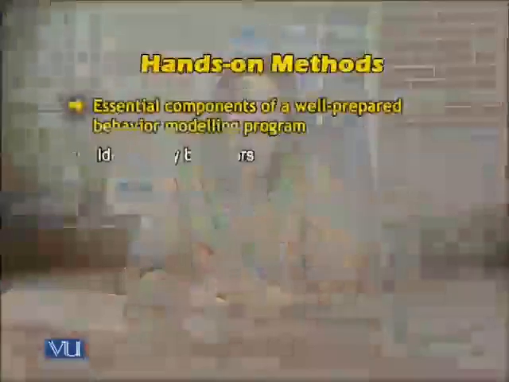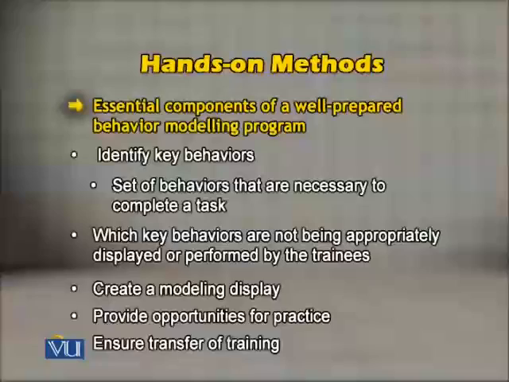So opportunities to practice must be provided within a behavior modeling program. And then you should try to ensure transfer of training by designing some kind of cues, some kind of components in your training program so that training is transferred to the actual work life.